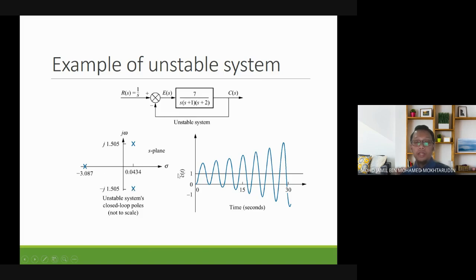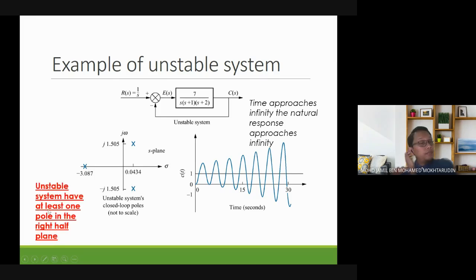You can also find and sketch the time response. Here, the time response is increasing, becoming bigger and bigger as time approaches infinity. So the natural response approaches infinity as well.